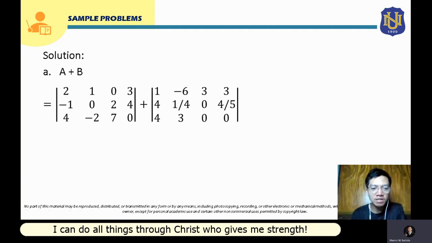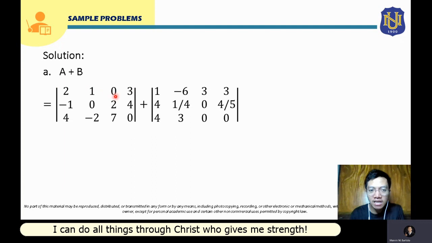For letter A, this will be the solution, that is A plus B. This will be matrix A and this will be matrix B. Before starting to add these matrices, the first thing you have to do is check the size of the two matrices. They should have the same size.